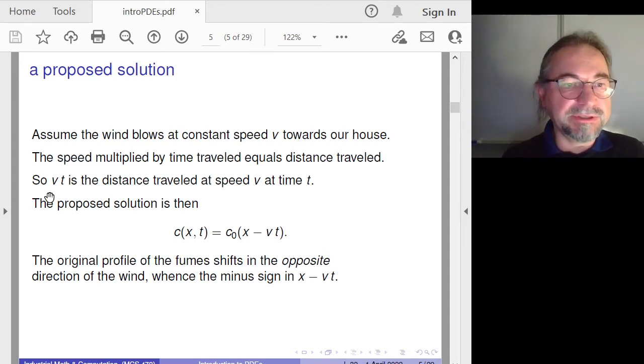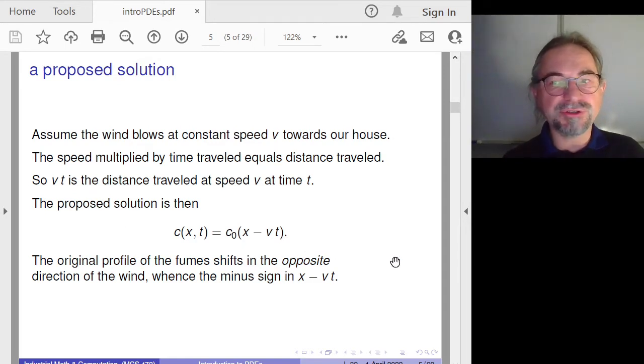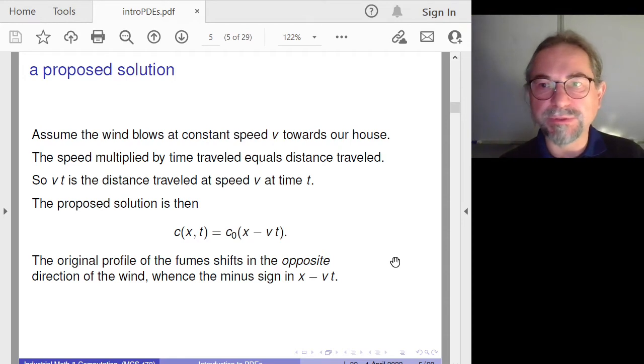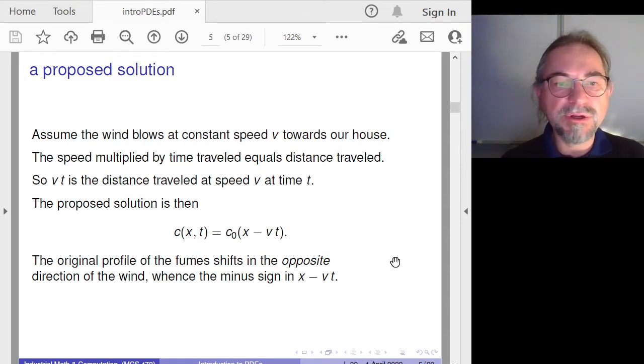So the distance that is traveled is v times t, and we have the initial profile, and we subtract the distance traveled from the original location x. And why is that? Because the fumes shift actually in the opposite direction of the wind. Therefore, we have the minus signs. Okay, so that's our solution.